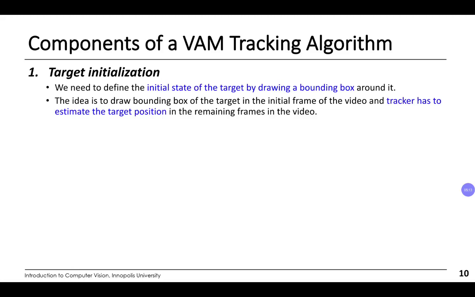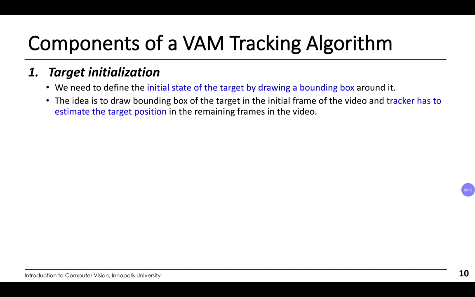For example, if you want to track some of the objects inside the video, consider the example of CCTV. Let's say CCTV is monitoring real time traffic, and automobiles are moving at a specified speed.